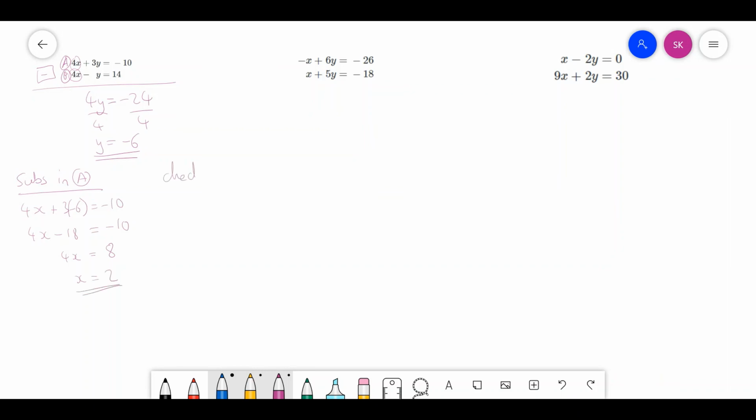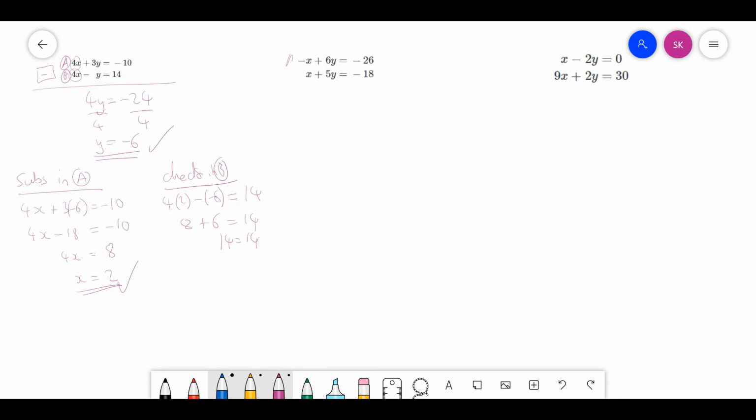Subs in A, checks in B. So instead of x, I write 2, and instead of y, I write negative 6. Does it equal 14? Yes, it does. They're correct.